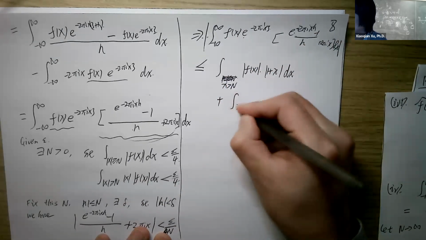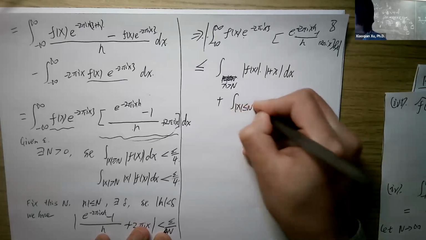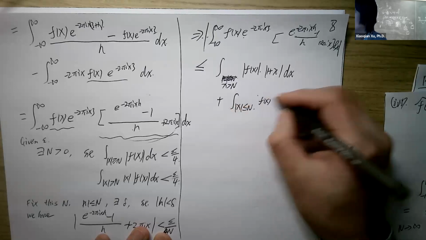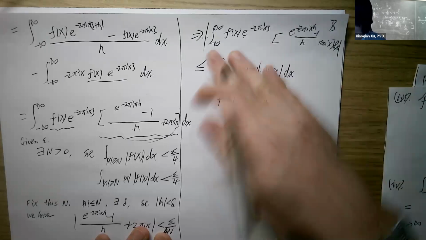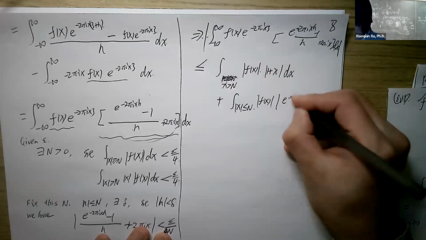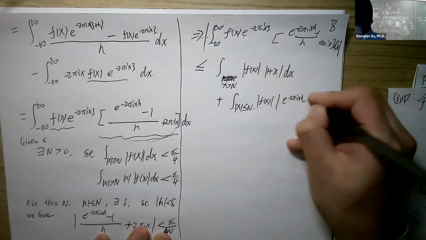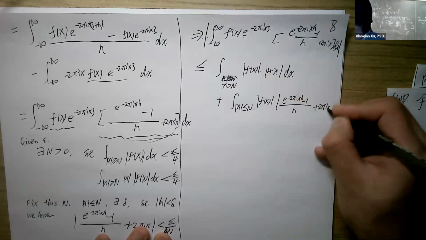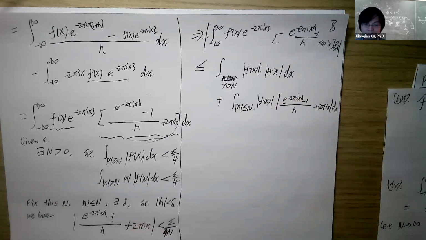Plus, when x is less or equal than n, you will have f(x) times (e^{-2πixh} - 1)/h plus 2πix dx.